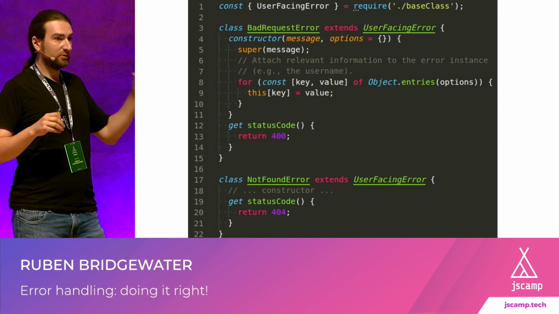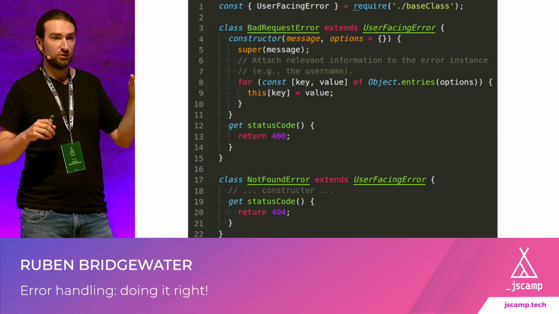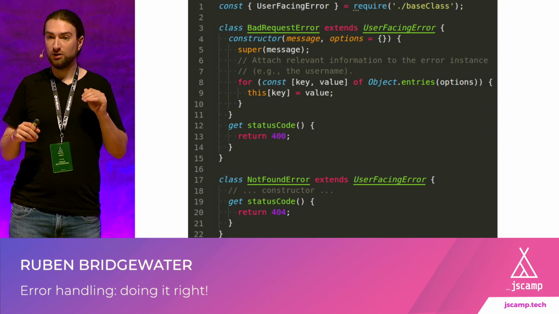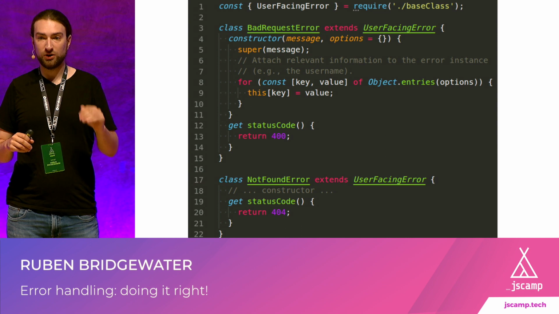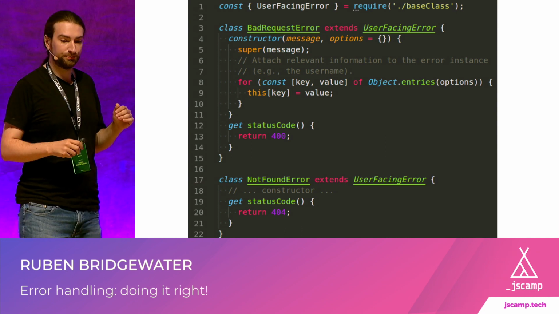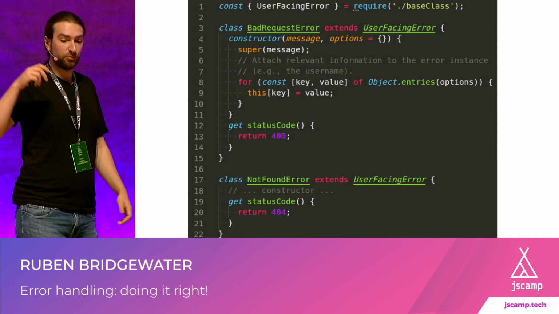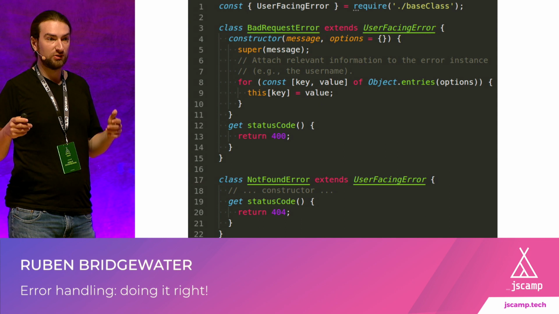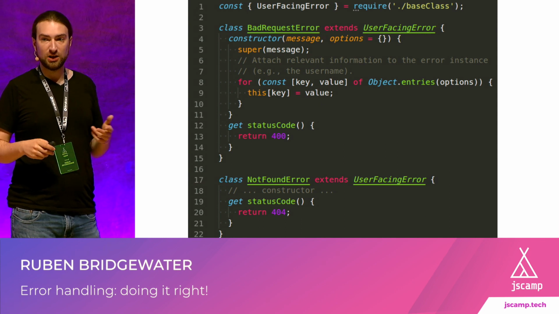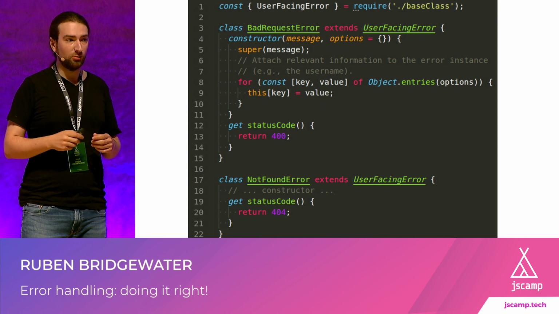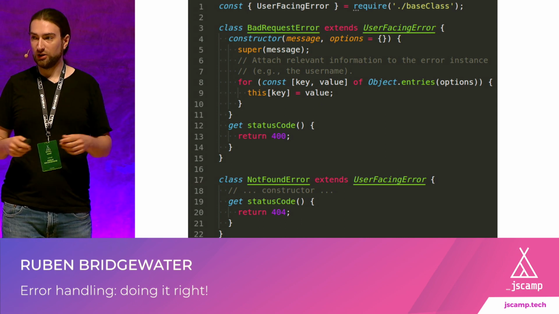If I throw one of these in the code and say, throw bad request error, every developer is going to understand what is going on at that point in time, if they read the code. And you're able to pass through multiple additional options or properties to that error during instantiation. That's good, because you probably want to add a couple more pieces of information to it.